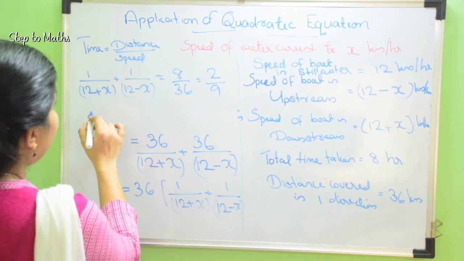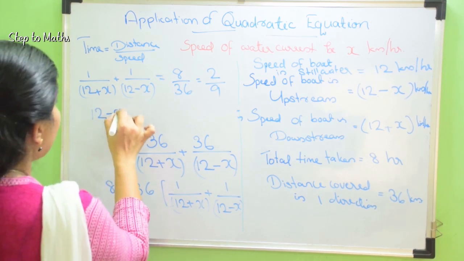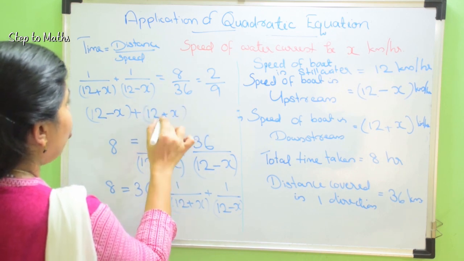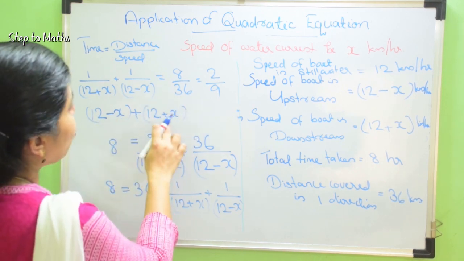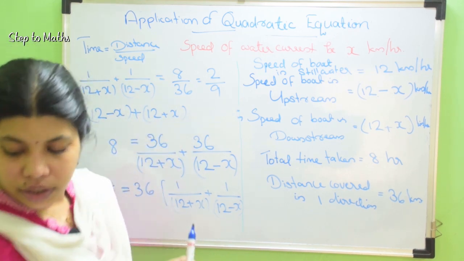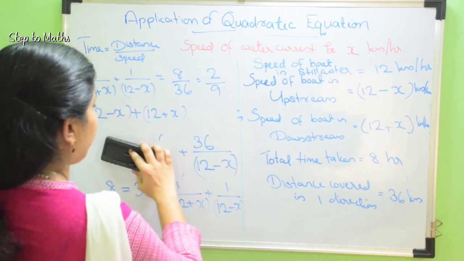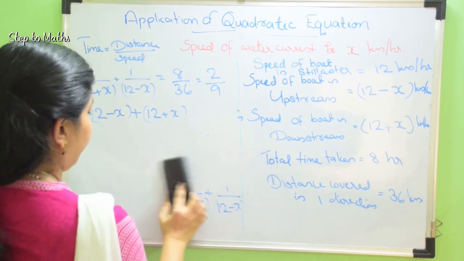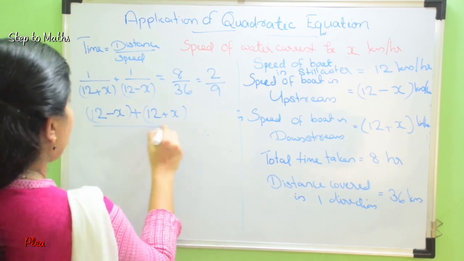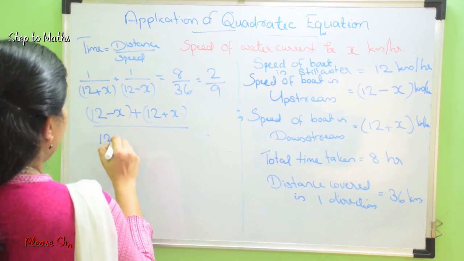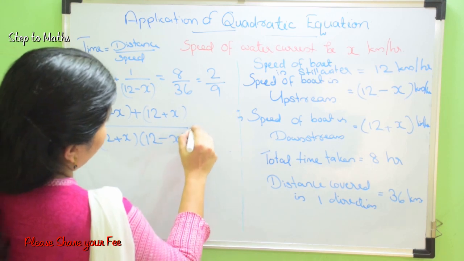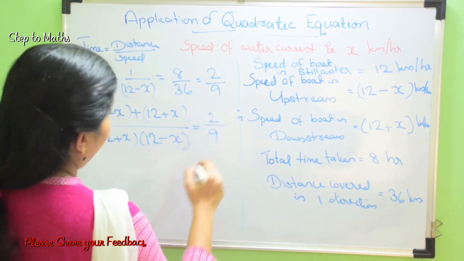Then the left hand side is 12 minus x plus 12 plus x in the numerator, and the denominator is 12 plus x into 12 minus x, equal to 2 by 9.